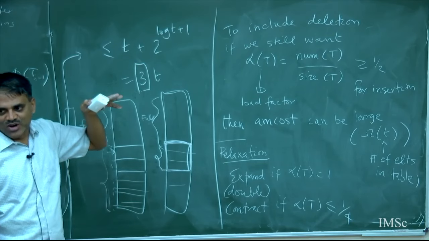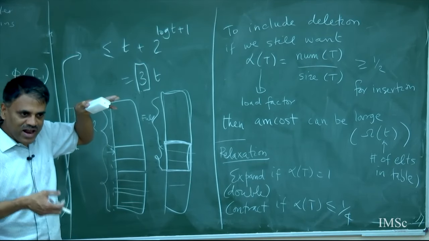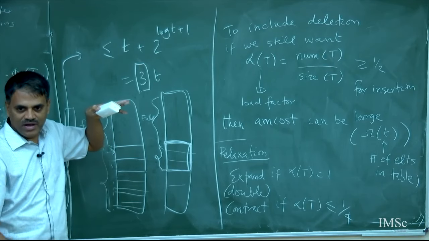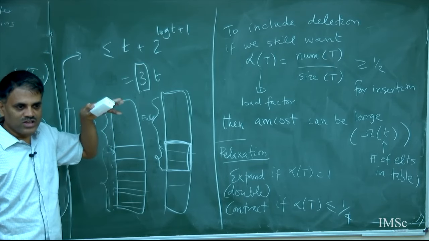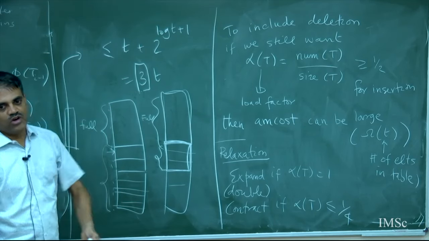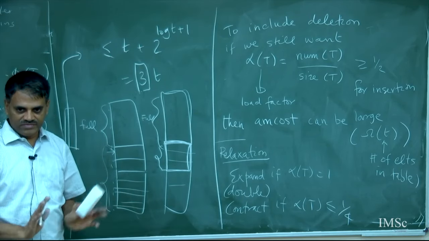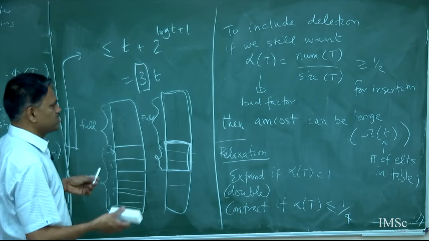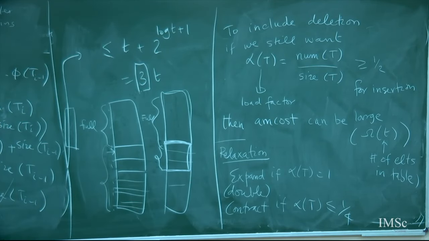Since a fraction of elements are going to be deleted, overcharge them: instead of the cost being 1, charge them 3, so that later on when you want to contract, you're going to copy elements and things will be fine. So now how do we want to argue this, and what sort of potential do we want to come up with?